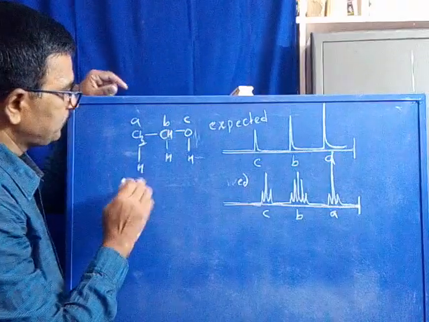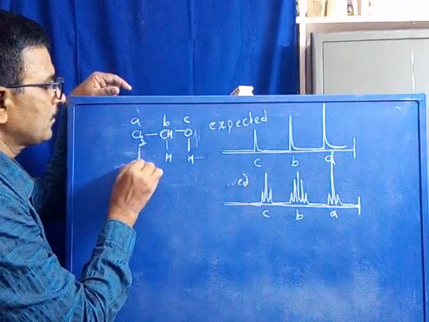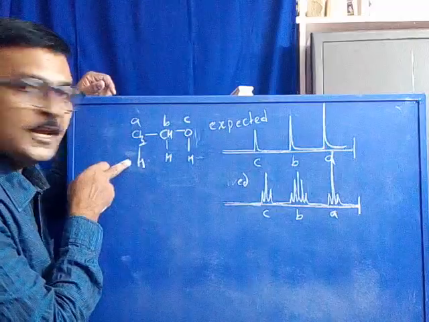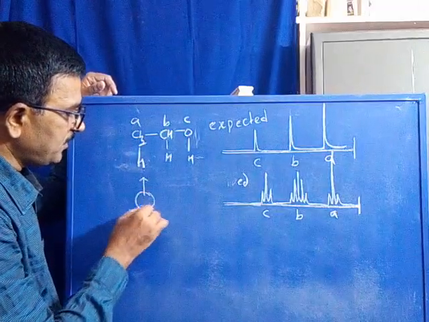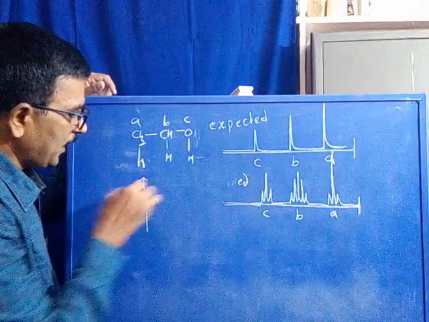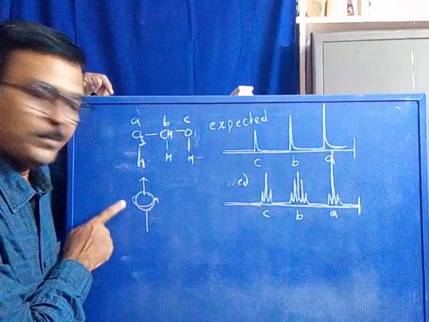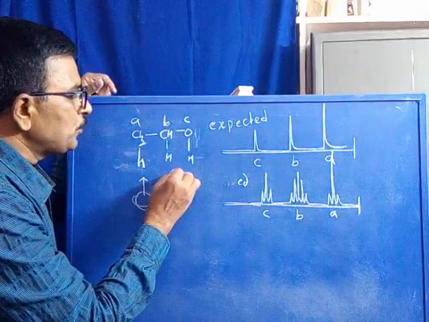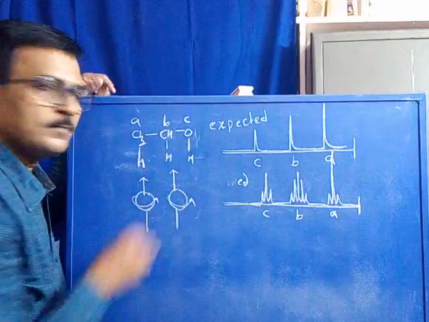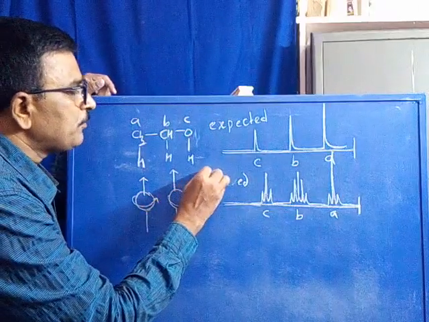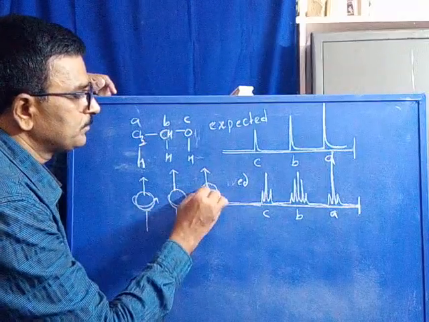Hydrogen, you can see. Now, a nuclear spin produced by a set of protons. Say this is the A set of protons, with its nuclear spin. Similarly, the nuclear spin of the B set of protons. The nuclear spin of the C set of protons.